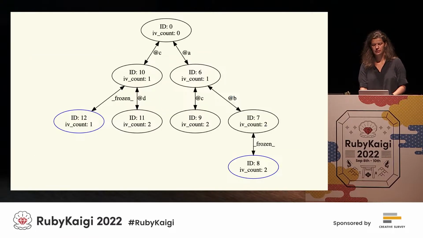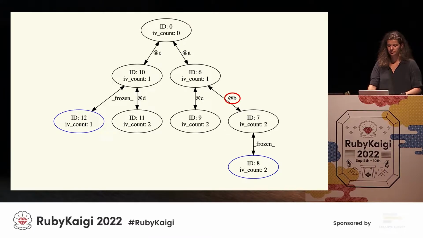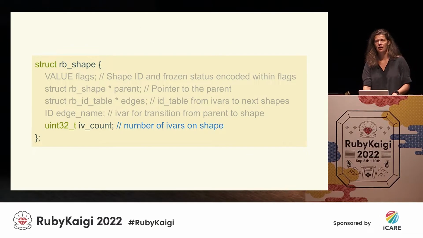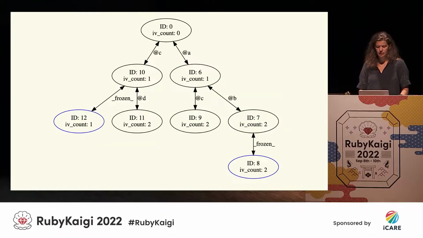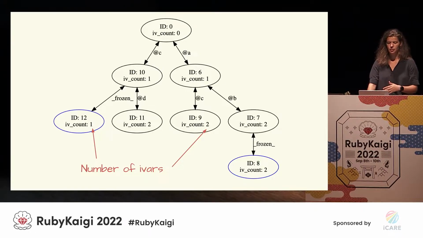So for instance, this edge name is B here, and we use it to transition from shape with ID 6 to shape with ID 7. And lastly, we have the IV count, and we'll see in a moment where this helps us out. This is the number of ivars currently on a shape. So you can see here the IV count is 1 on this frozen shape, and it's 2 on this other shape.